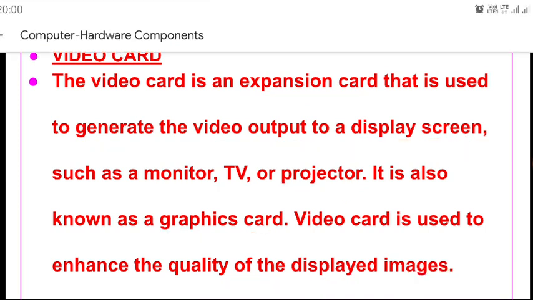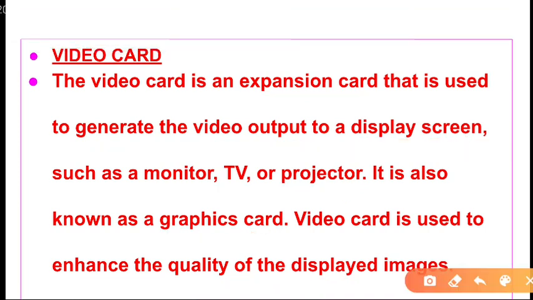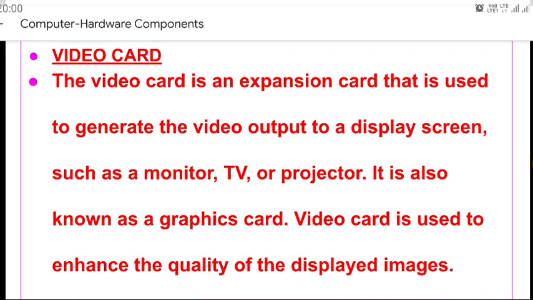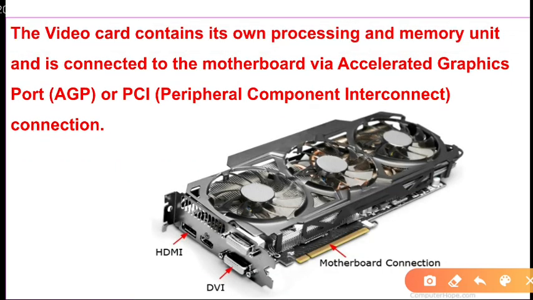If you want to enhance your video experience on your monitor or your TV or your projector, then you might have to install a video card in your computer. Now a video card contains its own processing and memory unit.